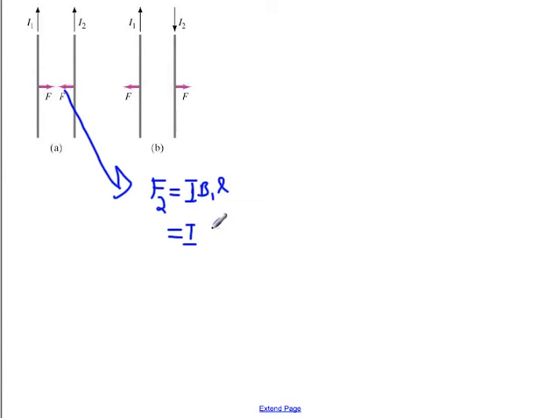So for wire 2, it's going to be I2, and the field for 1 is going to be, using that equation, mu naught I1 over 2 pi times the distance away. This is the field being produced by the first guy, right?